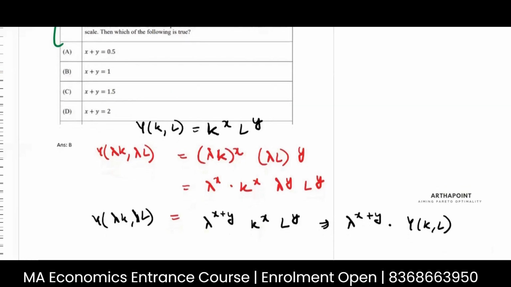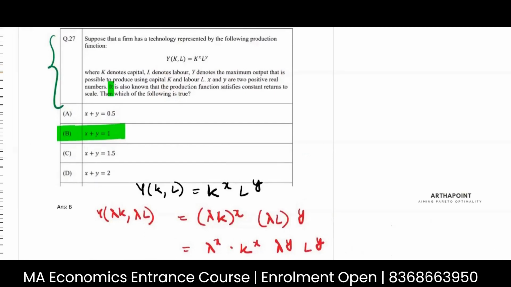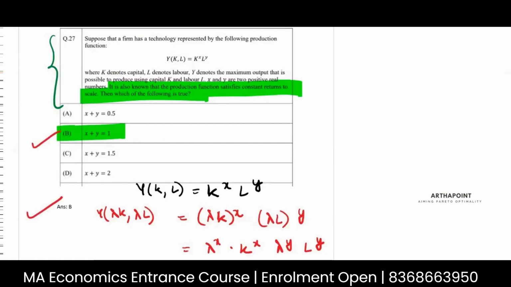So if we notice, if this x plus y is 1, then we get only lambda with power 1. So that becomes constant returns to scale. So based on that, my answer is x plus y is equal to 1, because the question is asking what is a constant returns to scale production function. So the answer is B. When x plus y is equal to 1, it is a CRS production function.